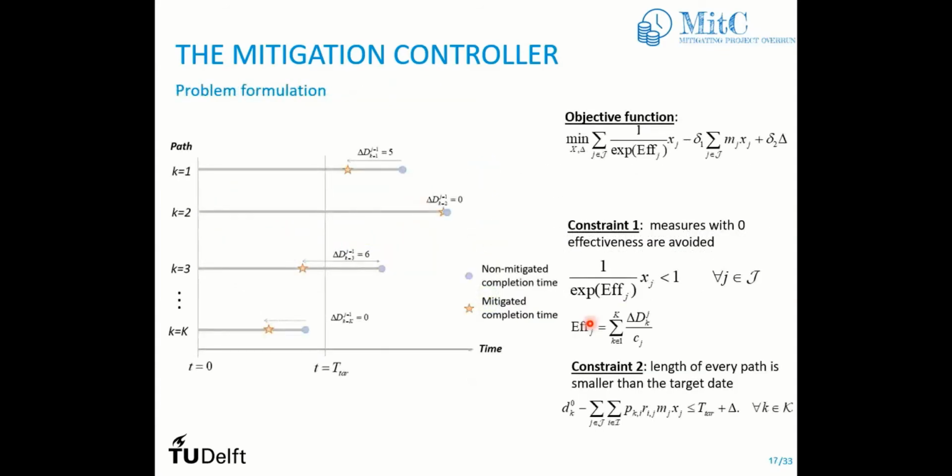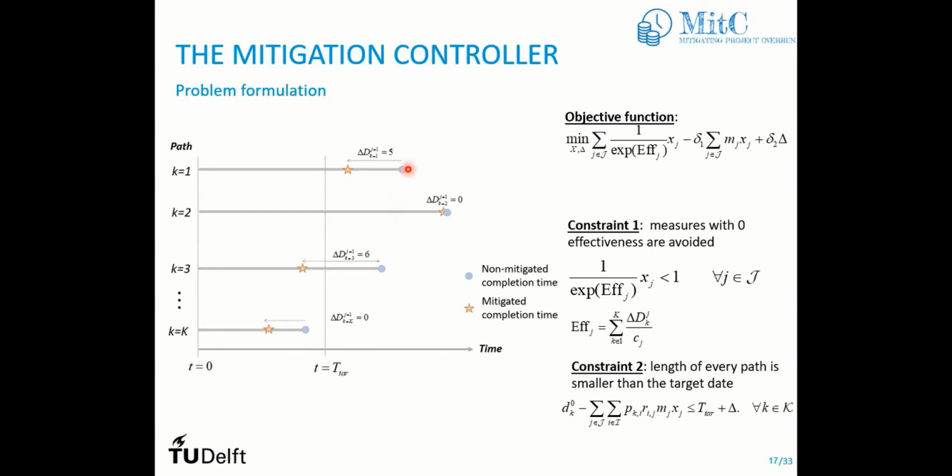So I'm not, of course, gonna talk math here, but just the idea behind the mitigation controller is, you know, that a project is made up of several paths, and we have, of course, the critical path here. And we have a target duration. So we want to reduce the duration of our project to a duration that's before the target duration, to something that's lower than the target duration.